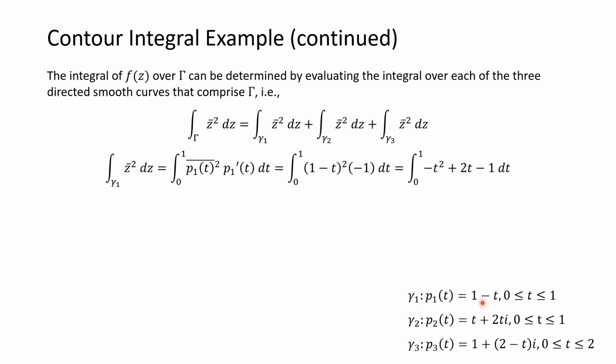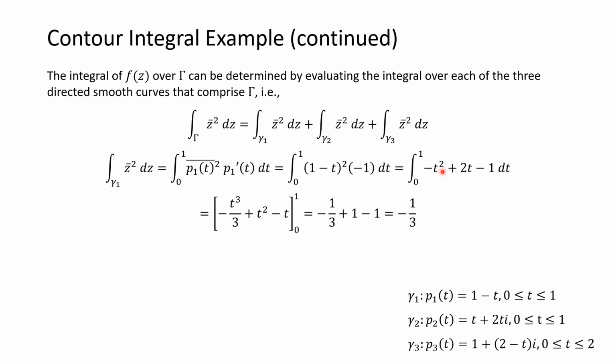We put in our function 1 minus t. We take the conjugate of that, this is a real number, so it's just the same thing, 1 minus t, and then we square it. And then the derivative of this is minus 1. So our integral is from 0 to 1 of minus t squared plus 2t minus 1.